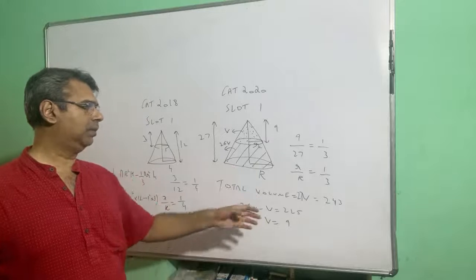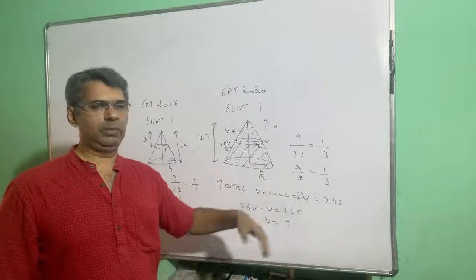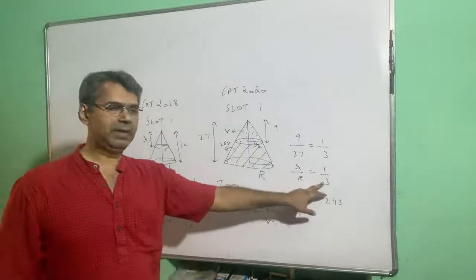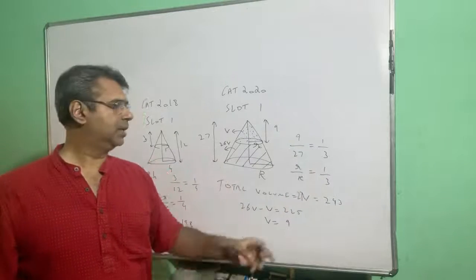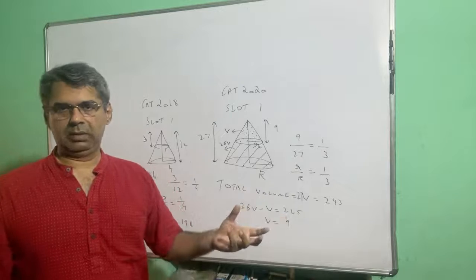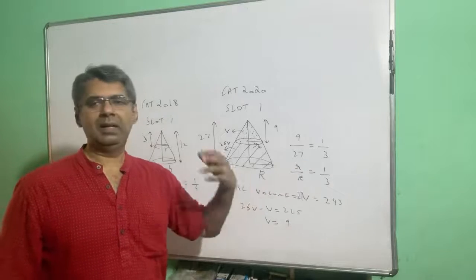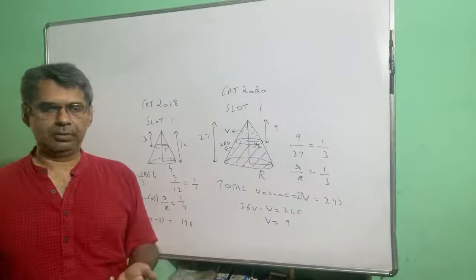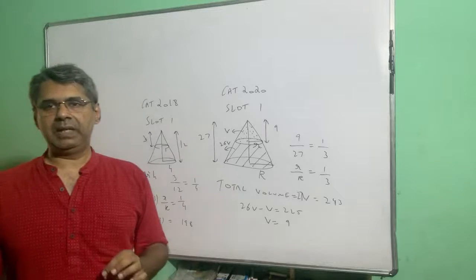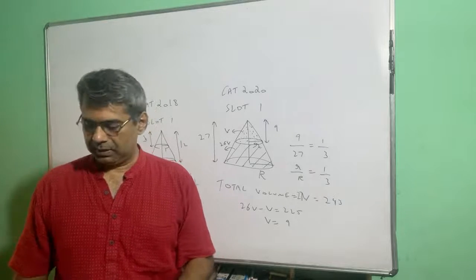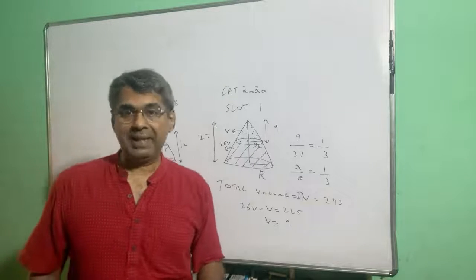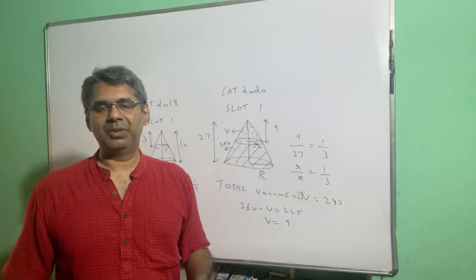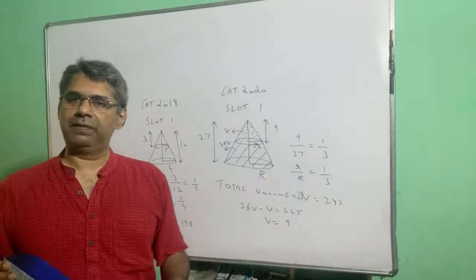You just have to remember that whatever is small r by big R, you take the square of that, and whatever is the height ratio you take as it is, and multiply small r square by big R square into height ratio. That will give you the volume ratio. So this is a very important topic that has come in CAT recently 2 times, and many times before that also, right? A very important question, that is how to deal with frustum of a cone.